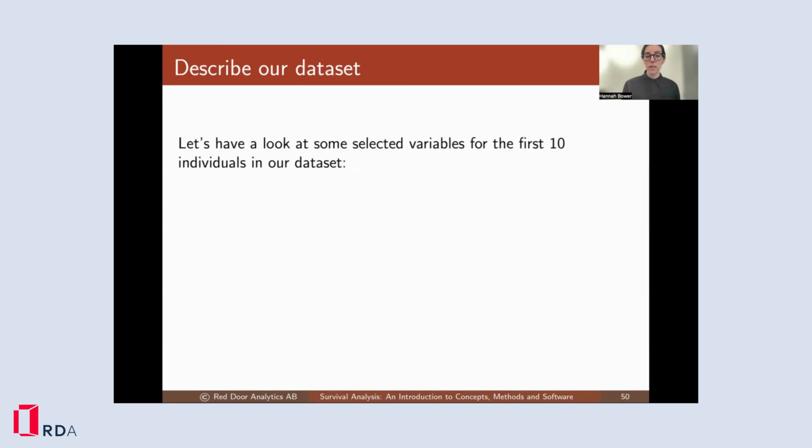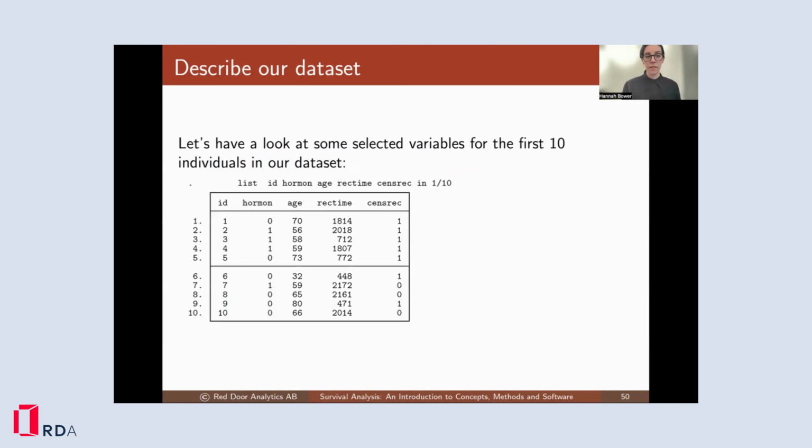So we can look at what this looks like in our data set. If we use the list command, we can select the same variables and say in 1/10 to just select the first 10 individuals in our data set. We can see these here. We have 10 different rows representing 10 different IDs. These are different individuals. If we look at the first individual, we can see that they did not receive hormonal therapy.